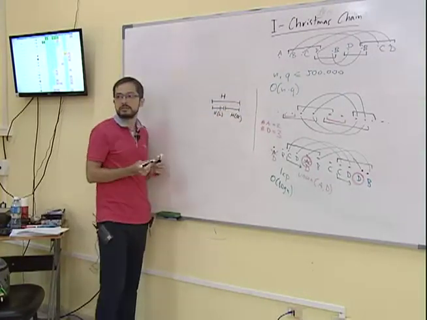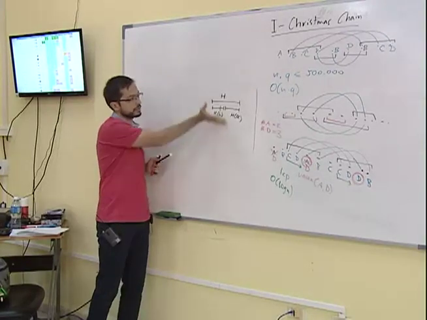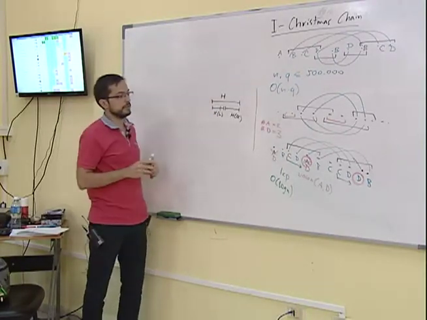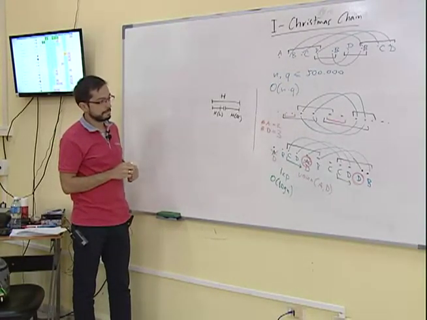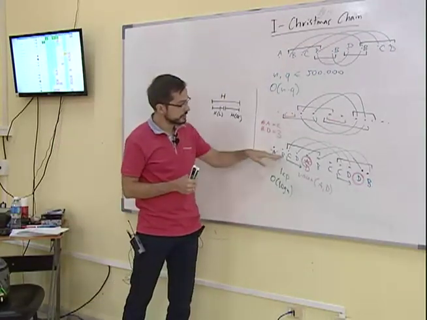But we already did this. So we know how to calculate the hashes from bottom to top in the segment tree. So we need to recalculate the hashes.